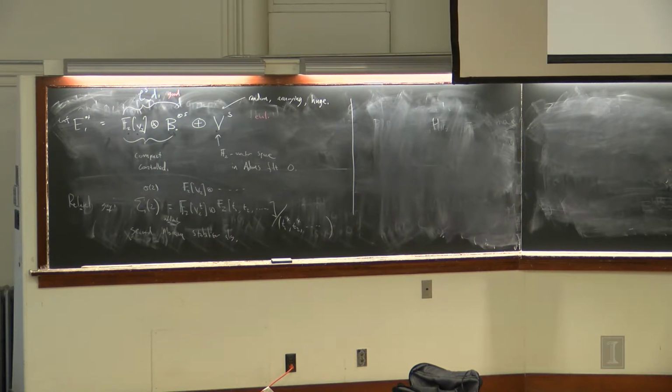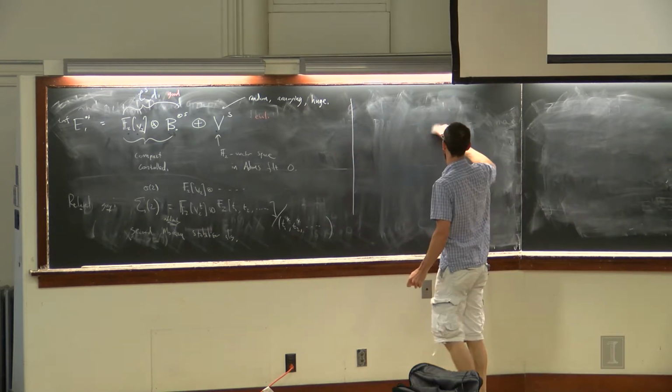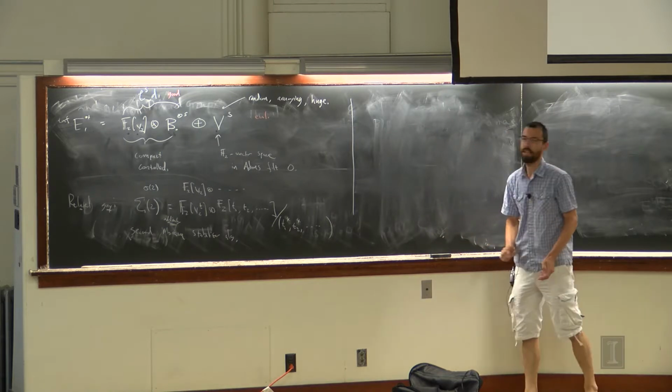Mahowald, one of the things he did with the BO resolution is he proved the telescope conjecture for n equals 1 at the prime 2.